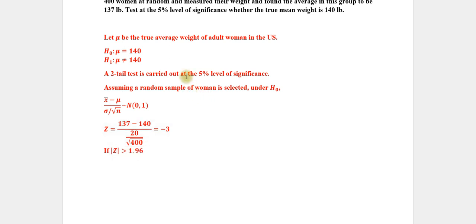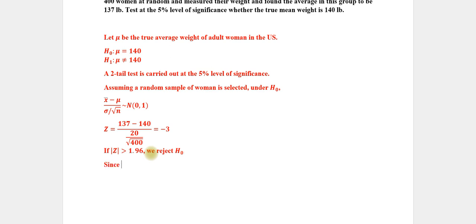But here, for a two-tailed test from a normal with 5% level of significance, it's always going to be 1.96. It won't change. You won't need to even go and check in your table each time because it's going to be something standard. So if modulus z is greater than 1.96, reject H note.